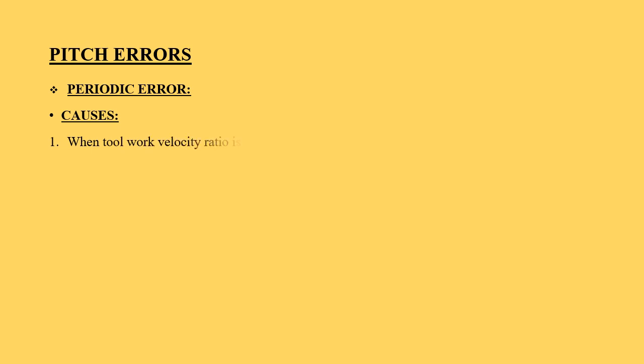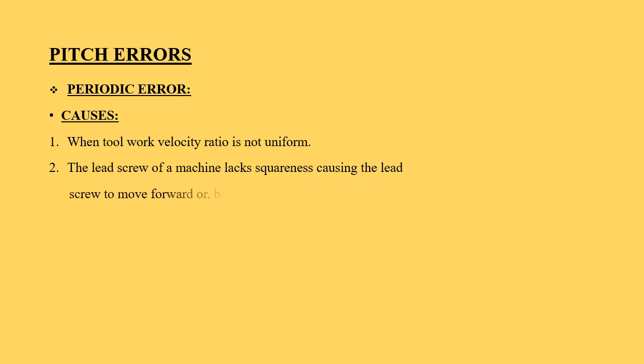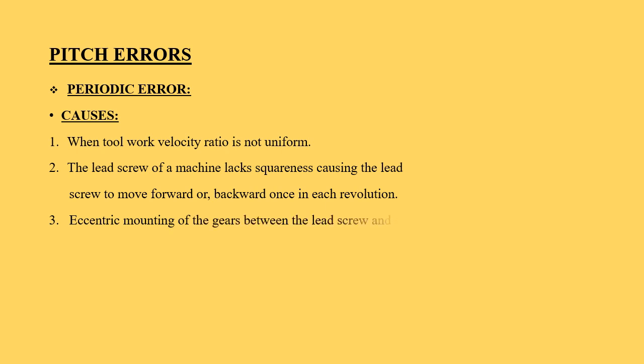Periodic error may be caused when the tool-work velocity ratio is not uniform, if the lead screw of the machine lacks squareness, causing the lead screw to move forward or backward once in each revolution. It may also be caused by the eccentric mounting of gears between the lead screw and the spindle, and by errors in the lead screw itself.